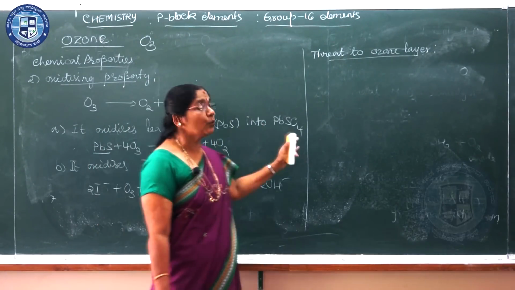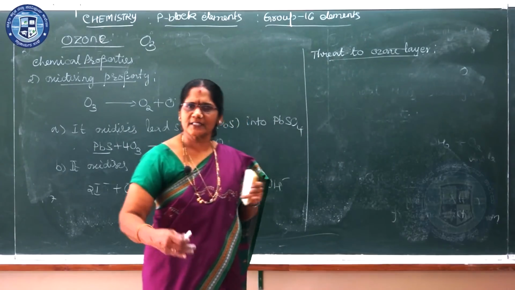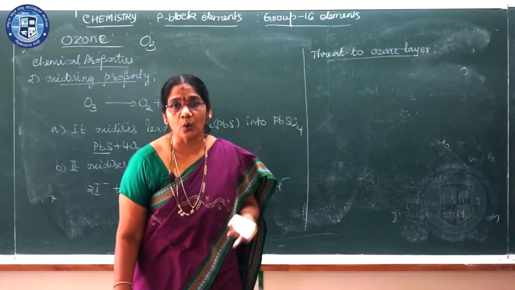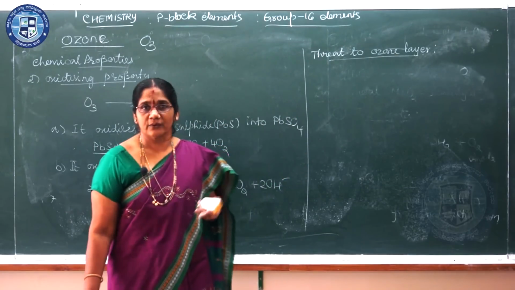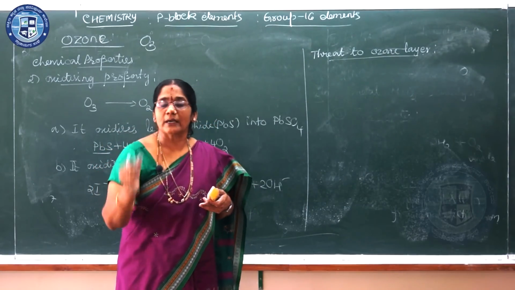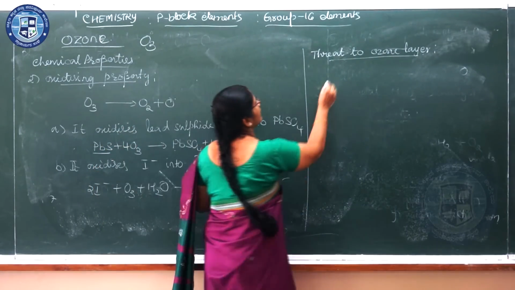And recently, many years back, it was seen that there are big holes in the ozone layer, which means the ozone layer is diluted and it's called depletion of the ozone layer.